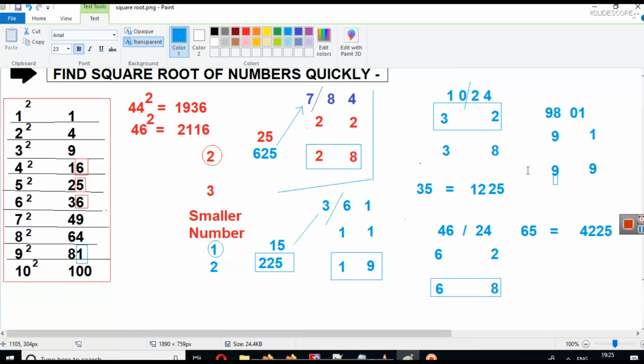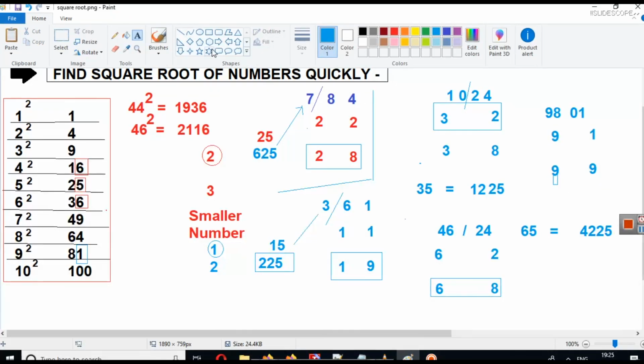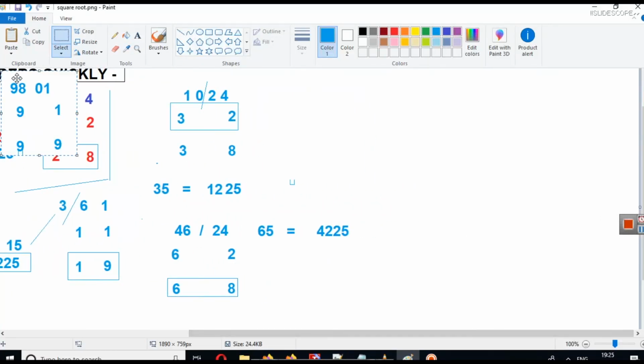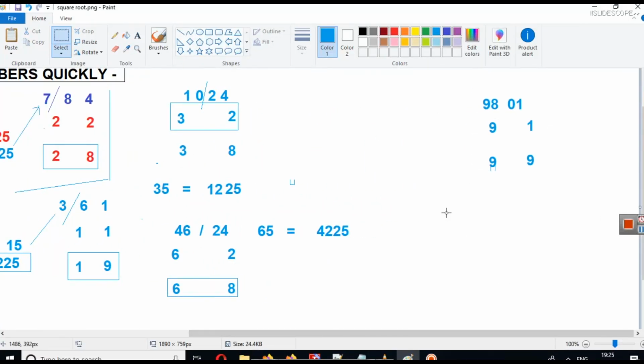Now, you have to find the square of, so first I will take this in a clean space. So, this is our number. Now, our number is either 91 or 99. Now, if you know the square of 100, you can see that it is very close to the square of 100.